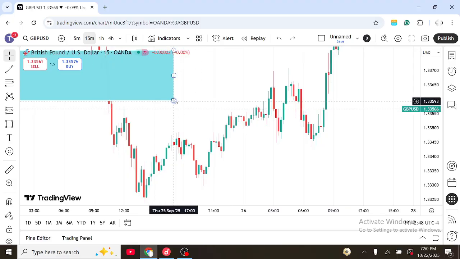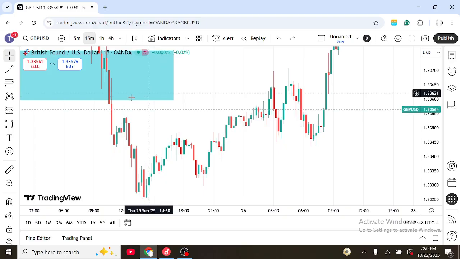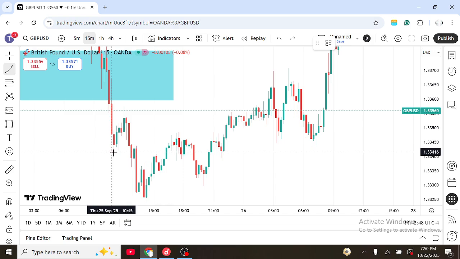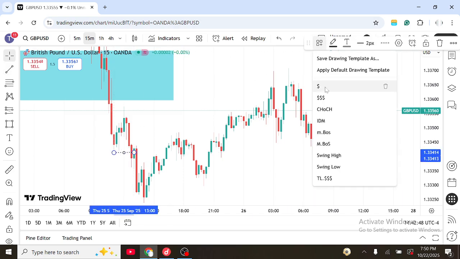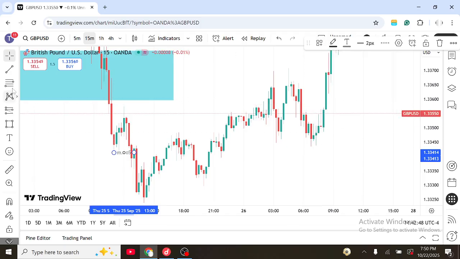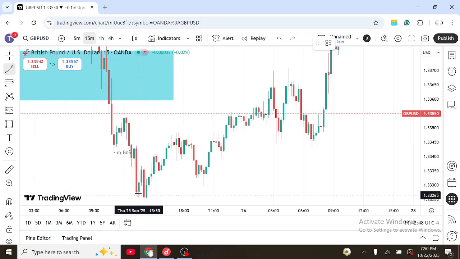So just like I said, because that order block was mitigated by the next candle after it, you can see that it was easily penetrated. It penetrated it, and then we have a break of structure here because the price is bearish. And then do we have any other break of structure?